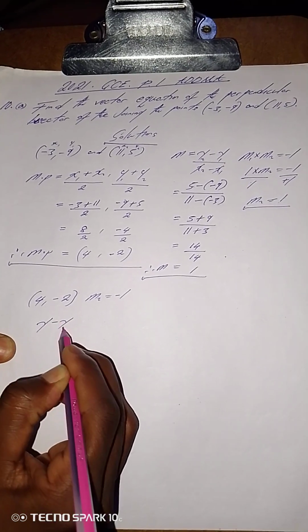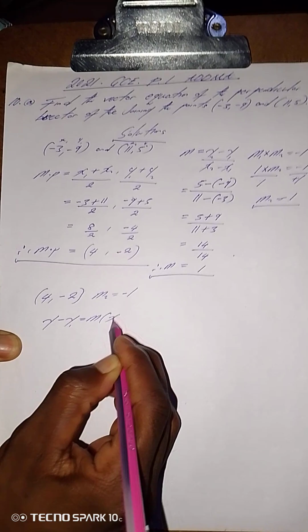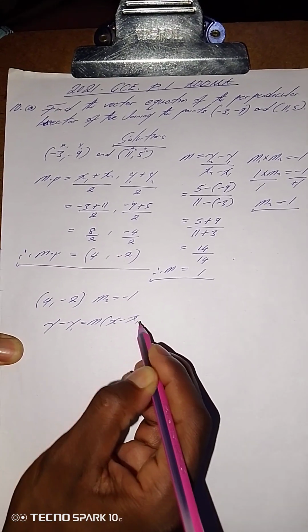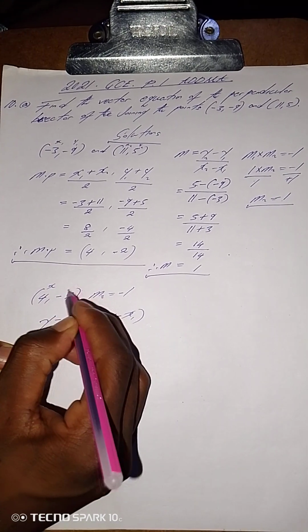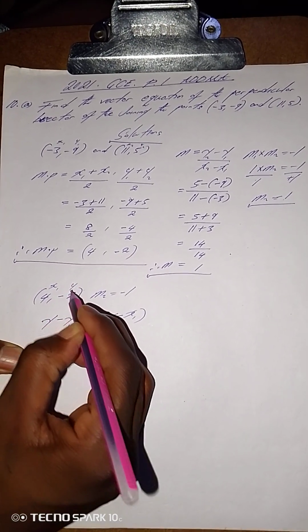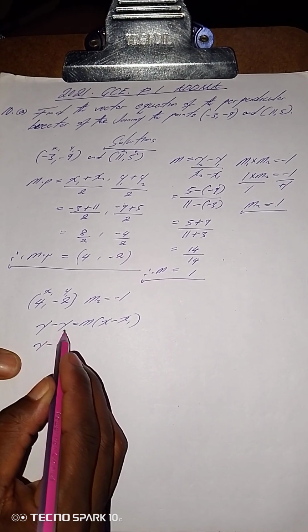So now let's use the equation of a straight line, to find the equation of the straight line. So x1, y1. y minus y1, what is y1?